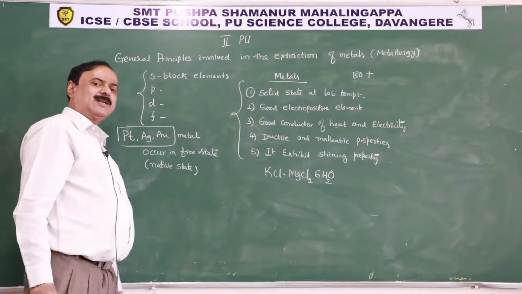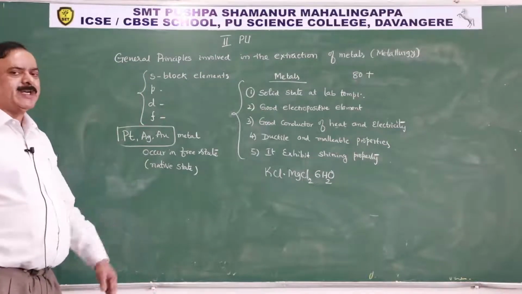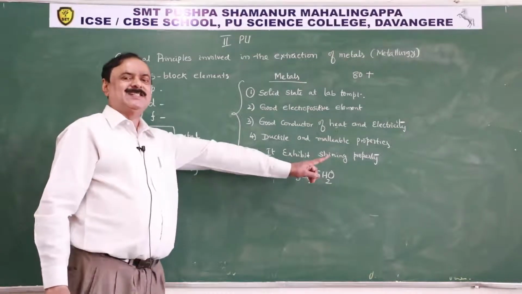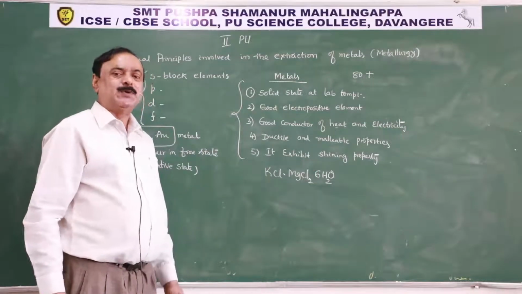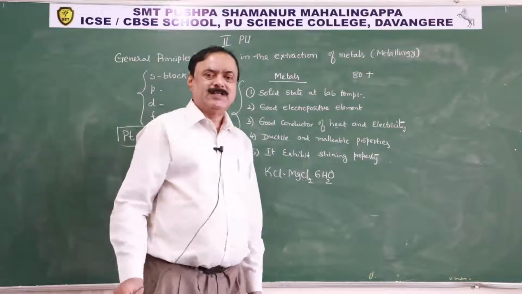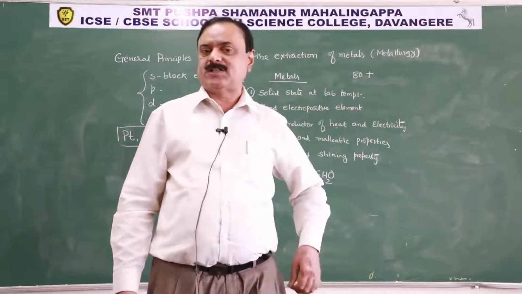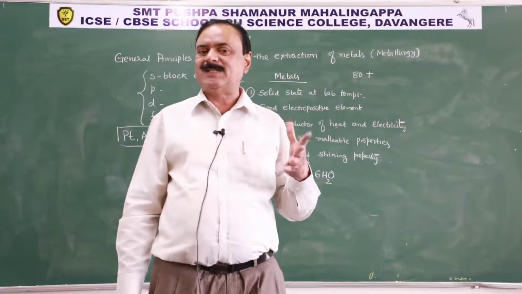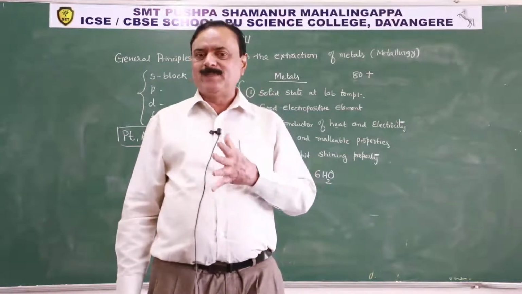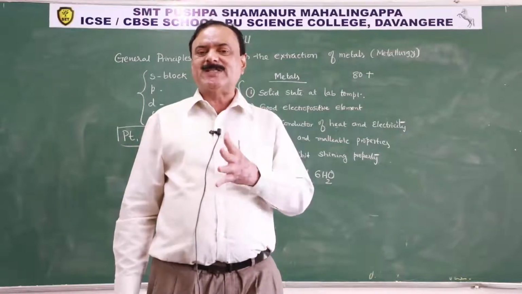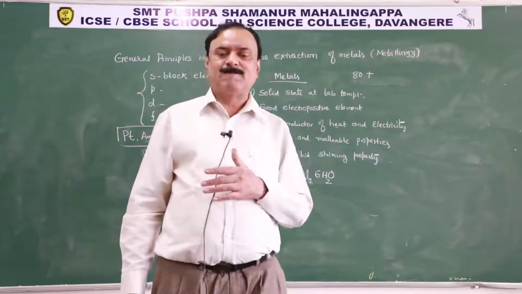This is called carnallite, and one more is called bromocarnallite, KBr and MgBr2, 6H2O. We can isolate, separate, or extract these elements from seawater. Alkali metal families always occur in seawater because they associate with the more electronegative elements.